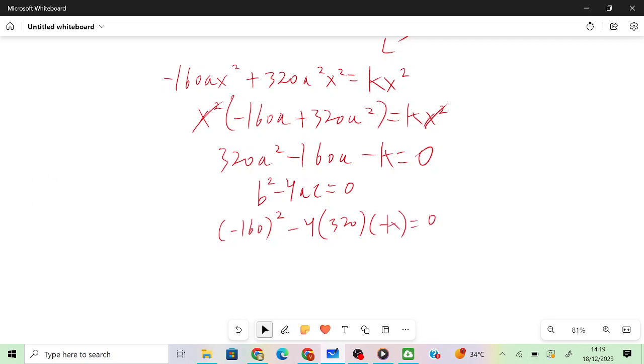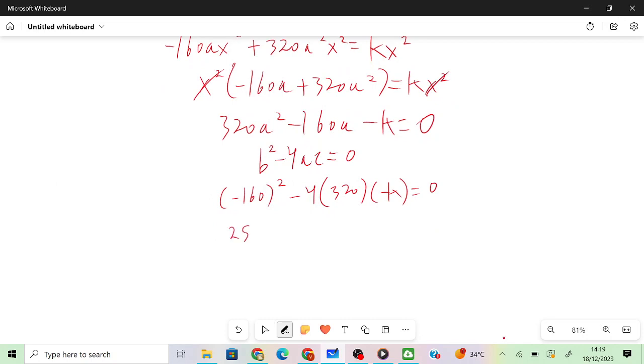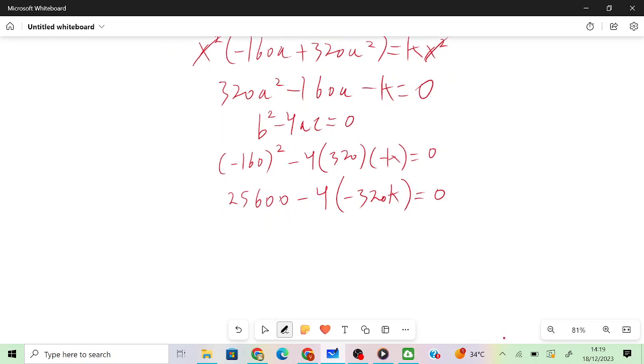Minus 160 all squared is 25600, minus 4 into minus 320k equals 0, and this becomes 1280k equals minus 25600, and k is minus 20.